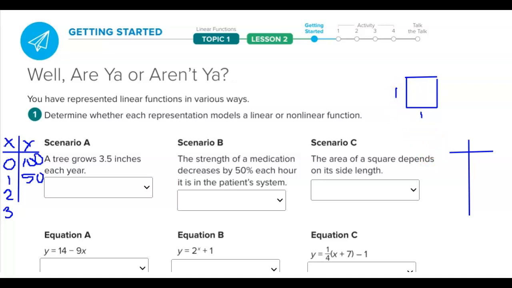If the sides of the square were 3, 3 times 3 is 9. Okay? So you fill in your table. This is the side length, and this is the area. You fill in your table, and you decide, is this linear or not linear?